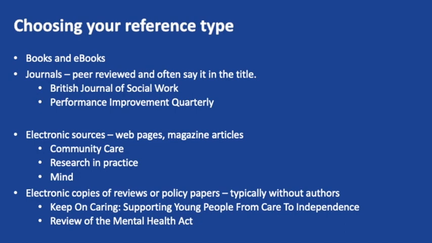On the slide here you see I've identified four that we're most likely to use in a social work course, which is books or ebooks, journals, electronic sources, and more recently electronic copies of reviews or policy papers.